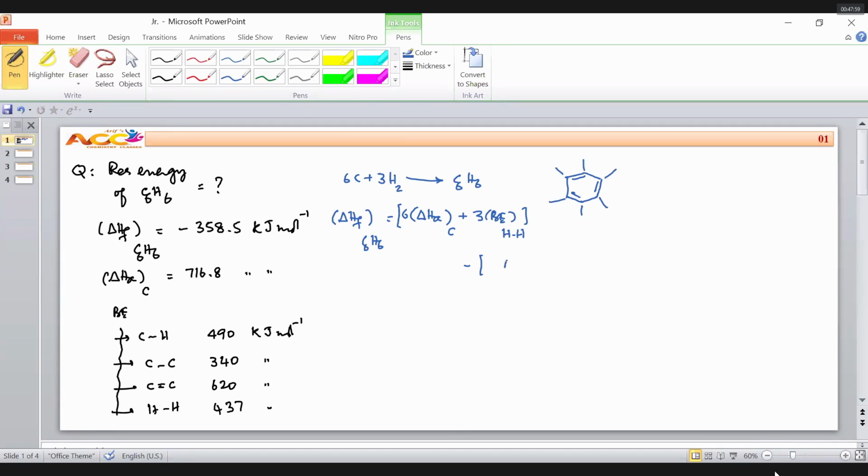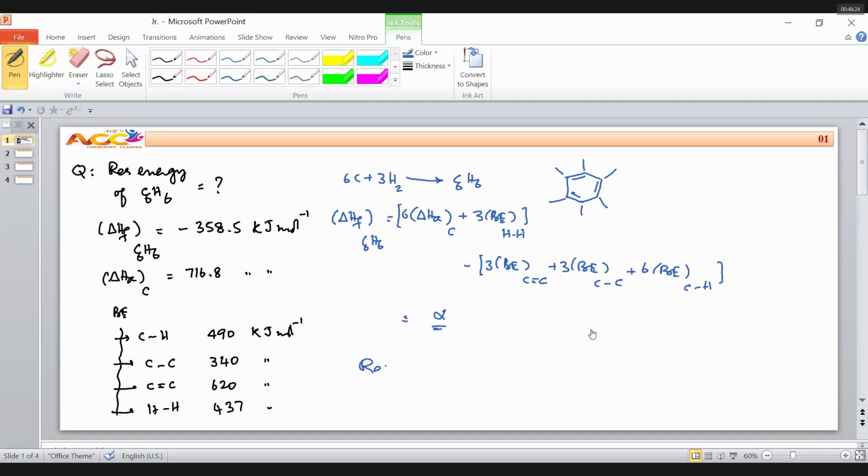Bond energy of C double bond C, 3 times, plus bond energy of C single bond C, 3 times, plus bond energy of C single bond H, 6 times. Enthalpy of formation, what is that? I got alpha.